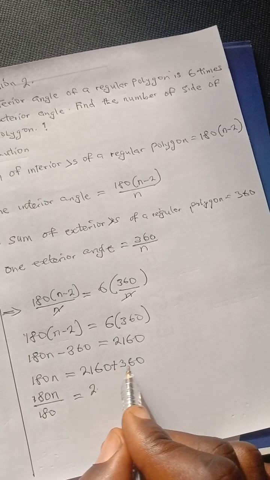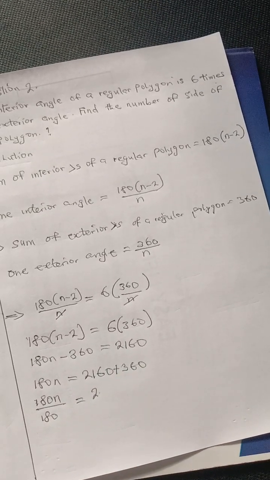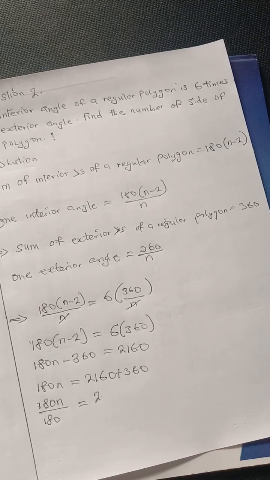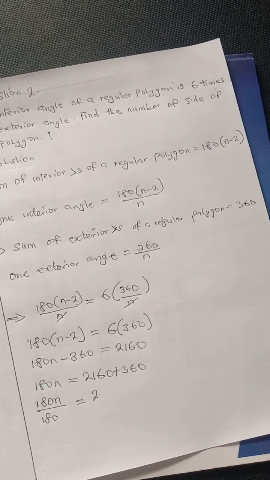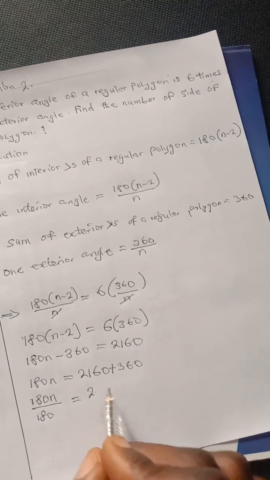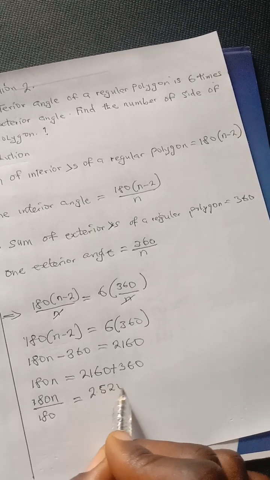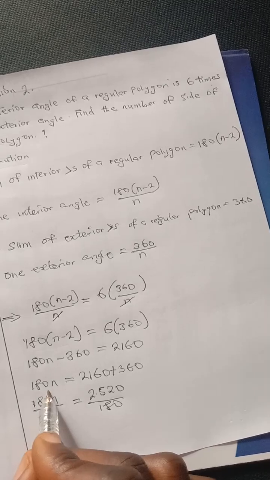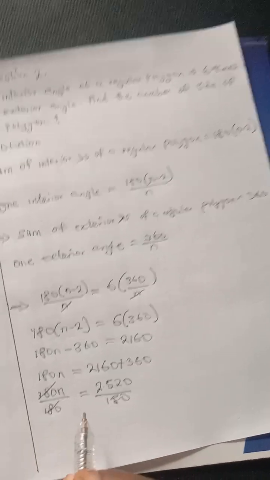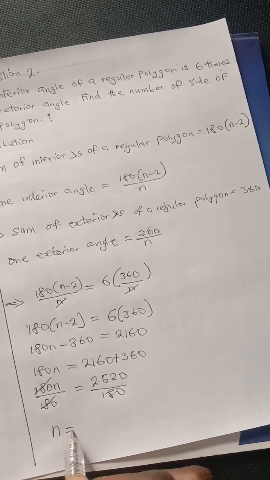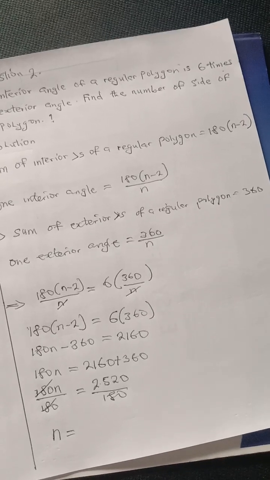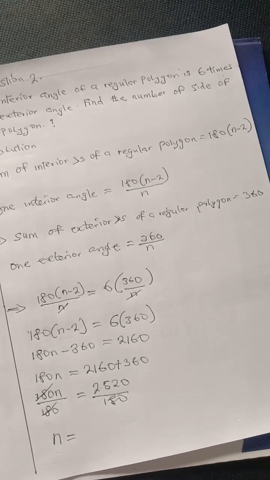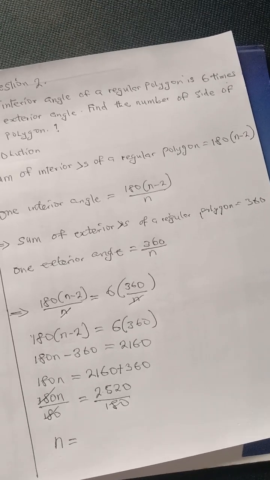So 2160 plus 360, you will have 2520, which is divided by 180. So this 180 will cancel itself. You now have n equal to 2520 divided by 180.